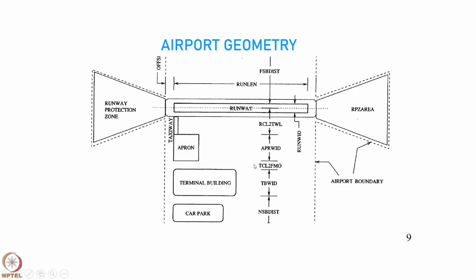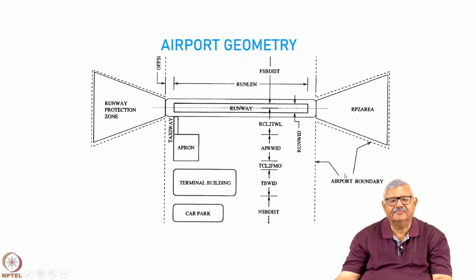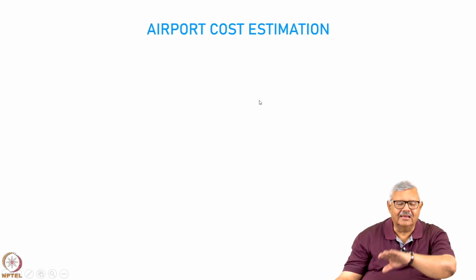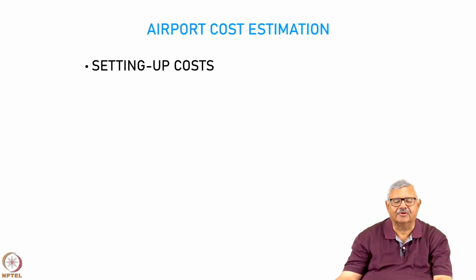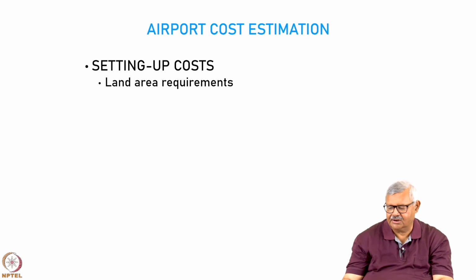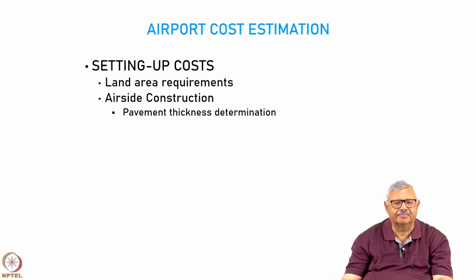And then there are some guidelines given for the minimum distance between runway to taxiway, apron width, minimum distance between that and buildings. All these numbers are given as per the ICAO regulations. What is the distance? So from that we can get the area of the land which is required. So with that you can calculate the setting up cost, because now with the geometry fixed, you can work out how much will be the area of the airport.